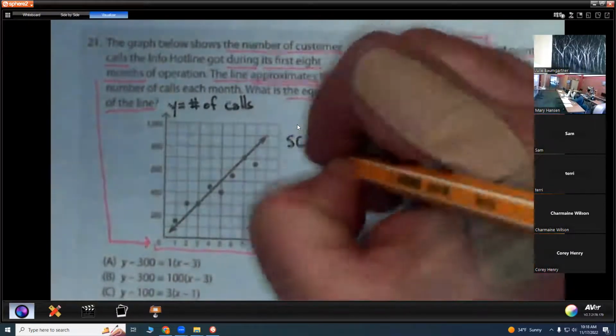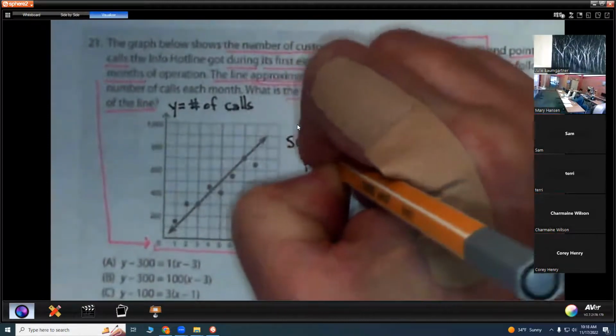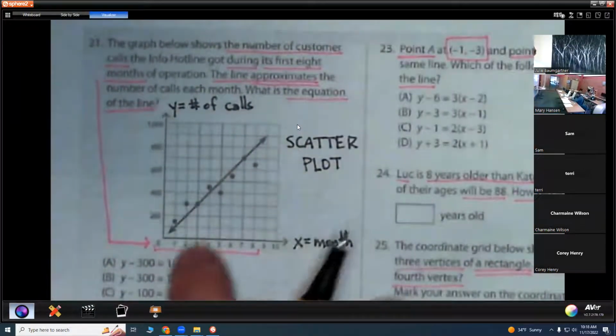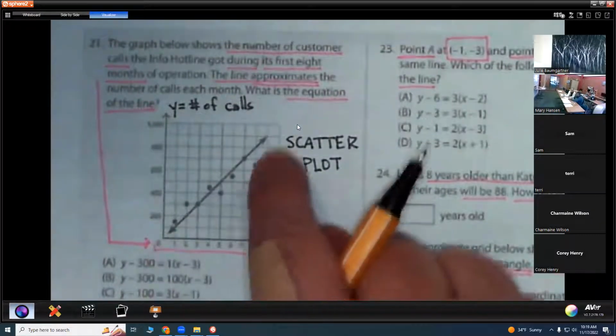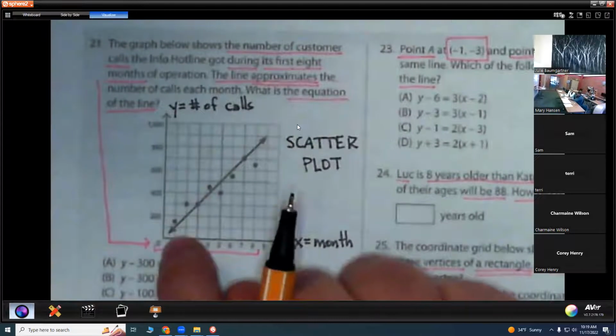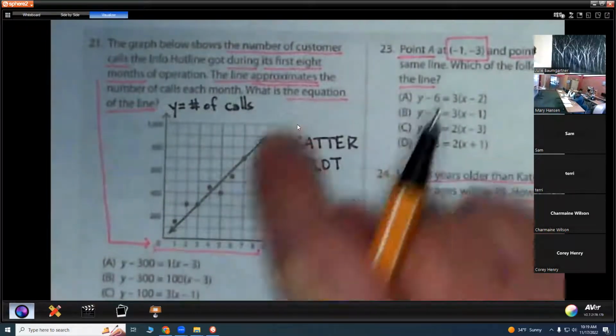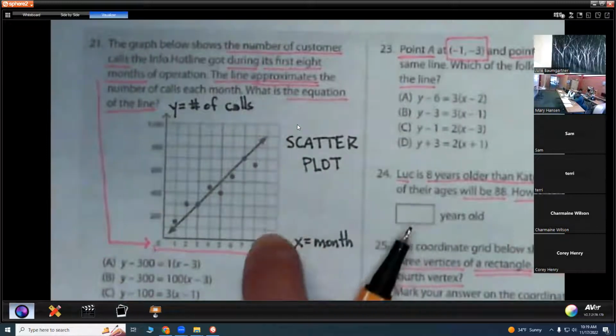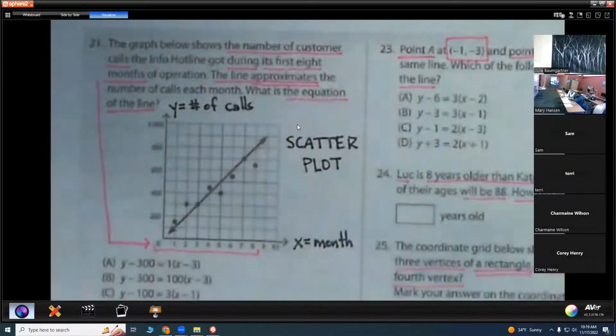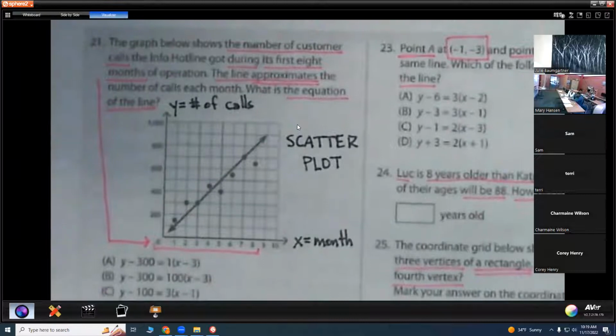So when you make a scatter plot, right, you start by plotting all your points. And once you have all of your points plotted out, then you look for a trend. And so that's what this line is doing, it's approximating these next 2 months based on the trend of the first. Does that make sense to everyone?